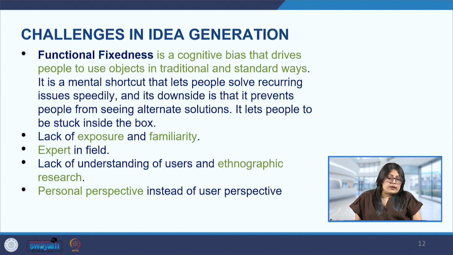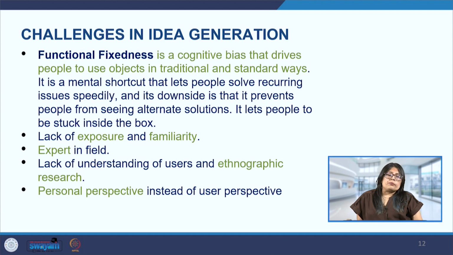So of course, when there is this understanding of how a product is used or how somebody takes out a particular function, it is a quick way of coming to a solution because we are aware of it. But at the same time, it prevents us from looking at the alternatives.